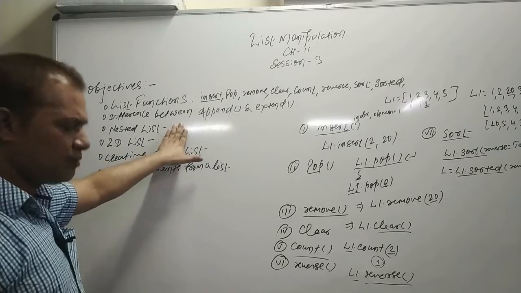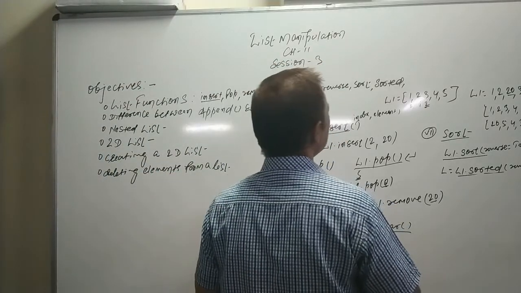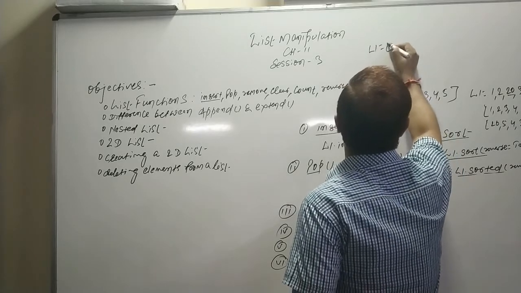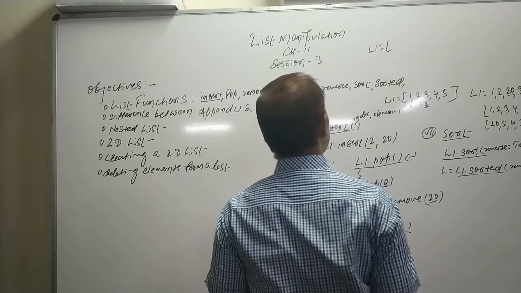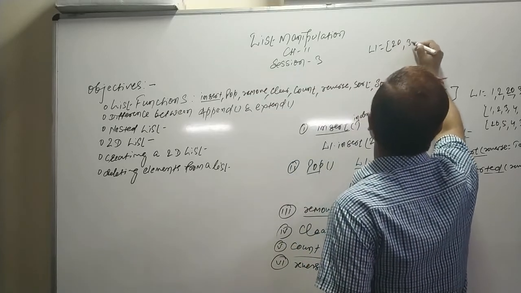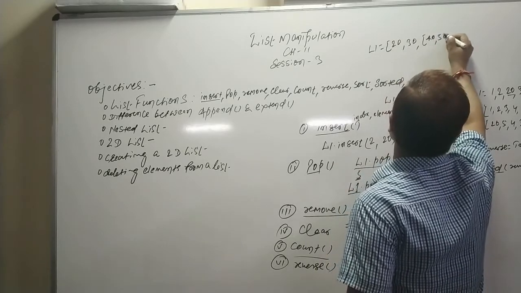Now, nested list, we already discussed nested lists. Suppose, for example, we have L1 equal to, see carefully because you have to understand nested lists well. Suppose we have 20 and 30, and in the third element we have 40, 50.